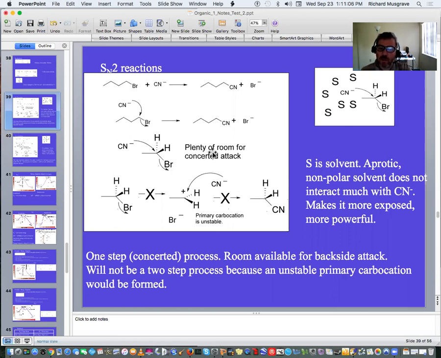All the musicians are playing music at the same time, hopefully. What can't happen with the SN2 is the bromine can't leave and form a C+, because this primary carbocation is unstable. So it can't go the route that the SN1 reaction goes. It can only go the route the SN2 reaction goes.